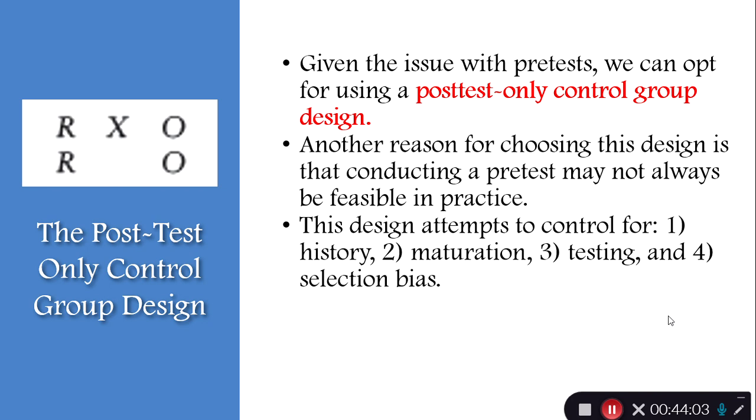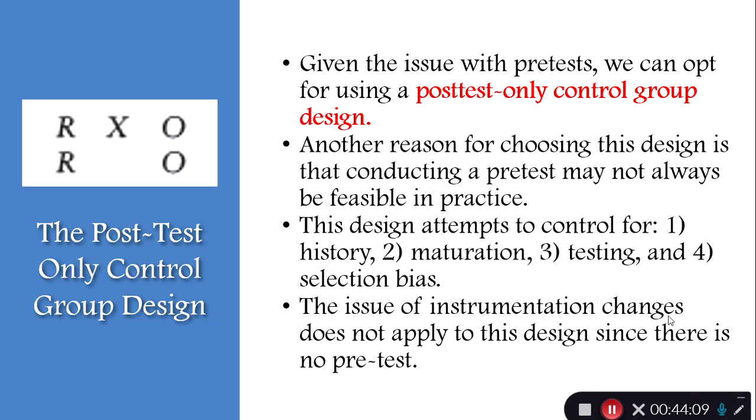So this design controls for history, maturation, testing, and selection bias. So it controls for all of these things. And then the issue of instrumentation changes doesn't apply to this particular design simply because there's no pretest, right? Because there is no pretest, we don't have to necessarily worry about our instrument changing from pretest to post-test, if that makes sense.